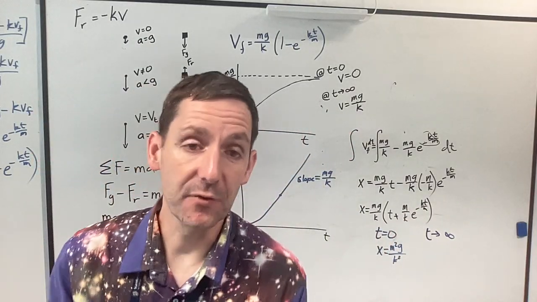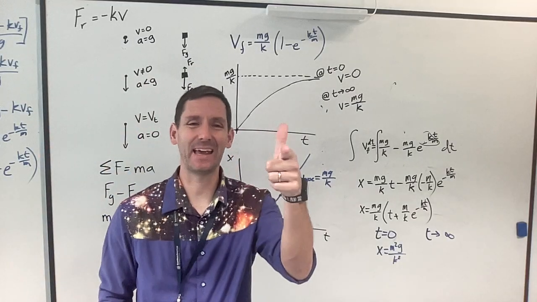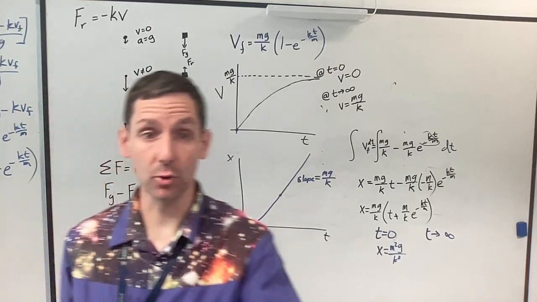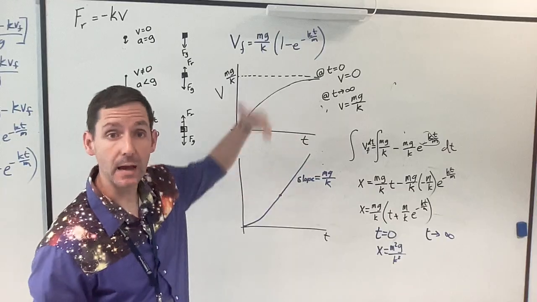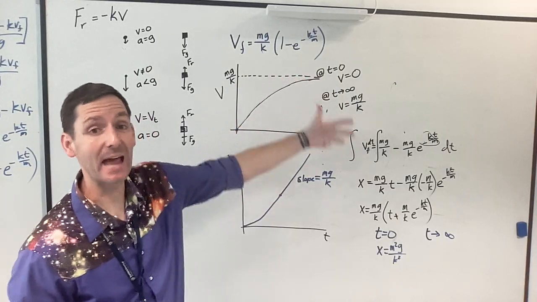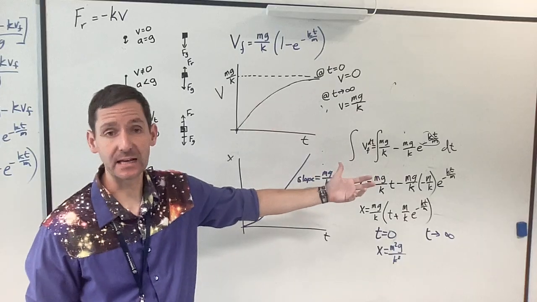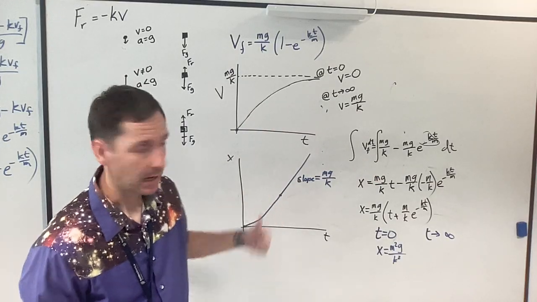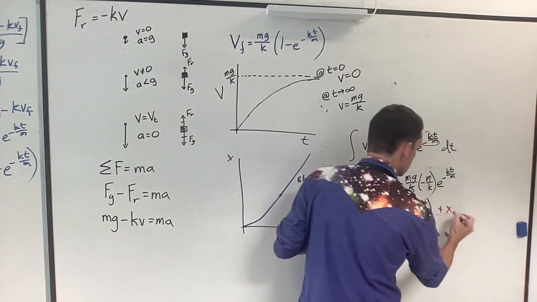Now, some of you in the future will look back at this and say, Mr. Bauer, you forgot something. Yes, technically, when I take an integral, I should, because I'm not doing a definite integral here from a to b, I should add on a value at the end. The value that's being added on the end should be our initial x here. And so the actual answer here should be plus x naught.